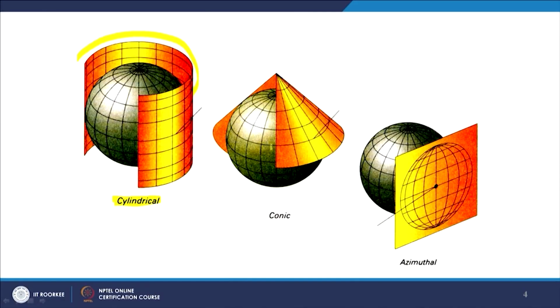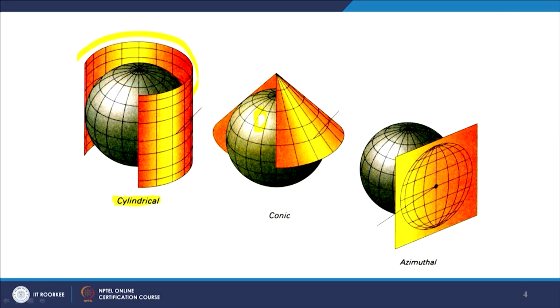Suppose my country is located here; when I put the paper like this, it would represent near true or true shape and size. Similarly, if I take the sheet as a flat sheet, rather than curving it, and project onto the location with the illumination source inside, then I will get a projection something like this.